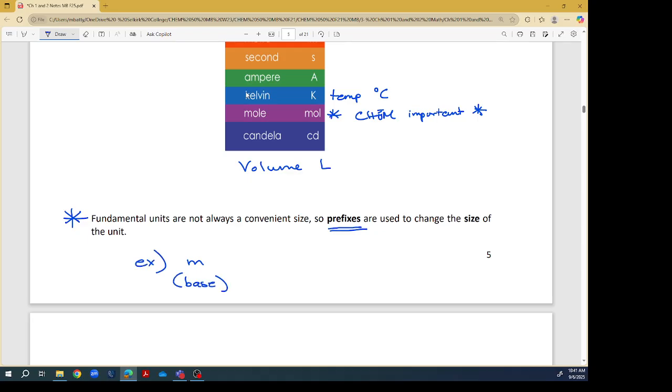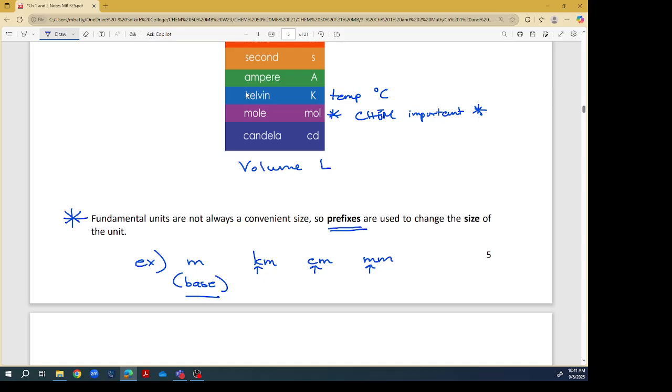And then because that's not always convenient, we'd also have kilometers, we'd have centimeters, we'd have millimeters. So the letter out front, those are the prefixes that make them either bigger or smaller than that base unit. Other ones that you've seen would be liters and milliliters.